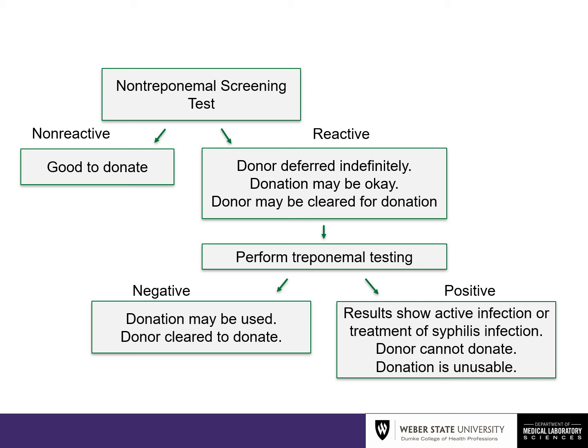Remember, like the EIAs, whether or not you've been successfully treated for syphilis, it will come back as positive regardless. At that point, if the donor or donation is confirmatory positive, then the donor cannot donate, and the donation is unusable.